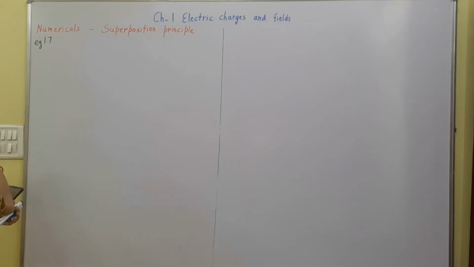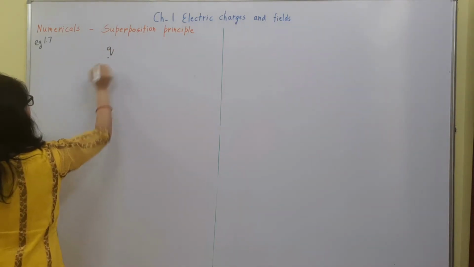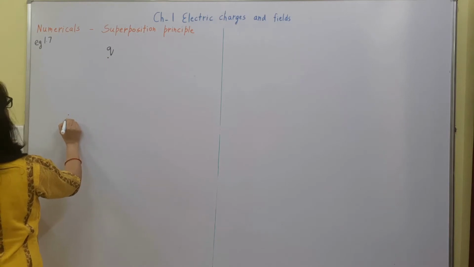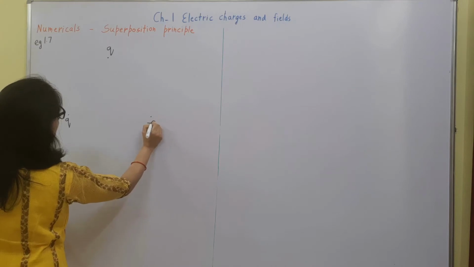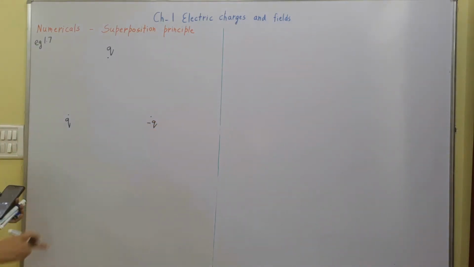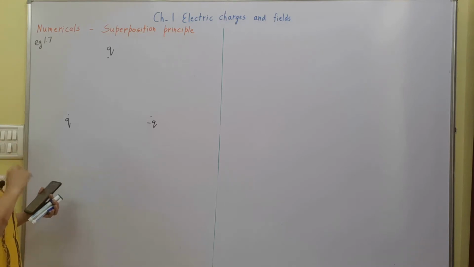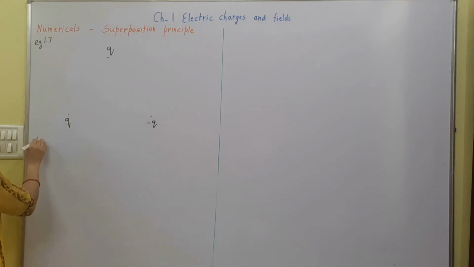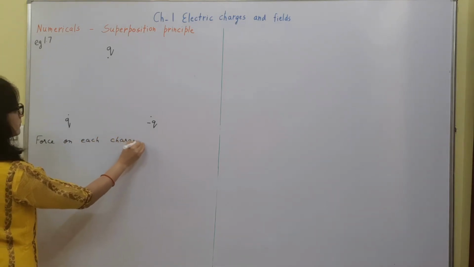Consider the charges Q, Q and minus Q, again placed at the vertices of an equilateral triangle as shown in the figure. What is the force on each charge? You have to find the force on each charge.